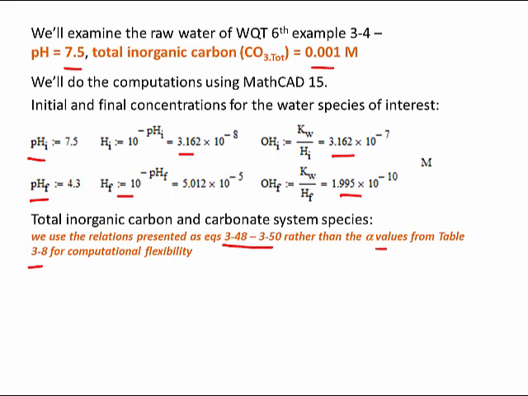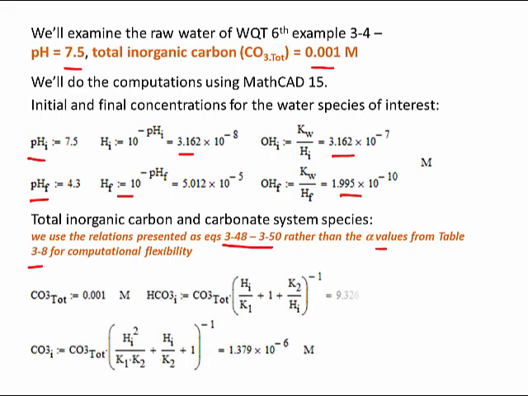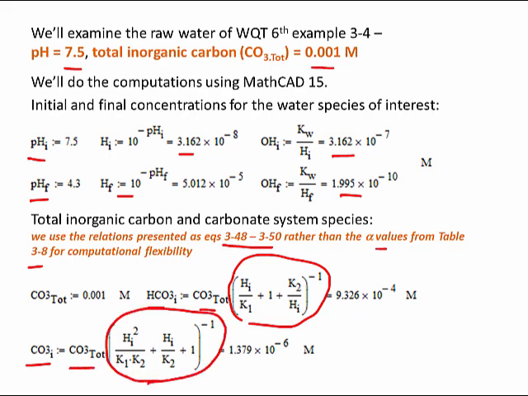We'll do this for computational flexibility. We can express the bicarbonate concentration as the total carbonate times alpha 1. Then we can express the carbonate ion concentration as the total carbonate times alpha 2.